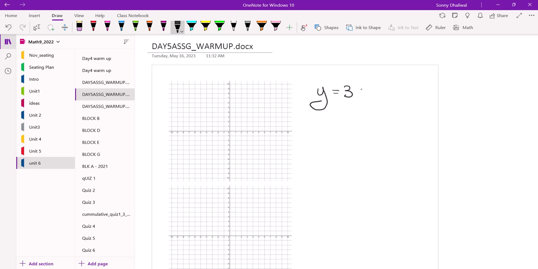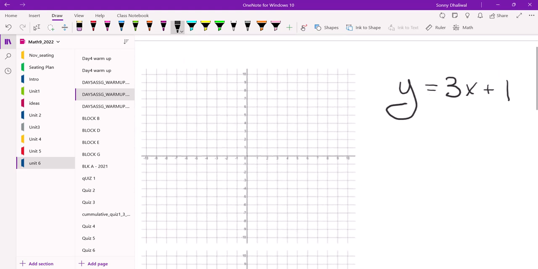So if I give you this, our first point is at 1. Now, we read the slope. Unfortunately, the slope doesn't have 2 numbers. A slope is supposed to have a rise and a run.